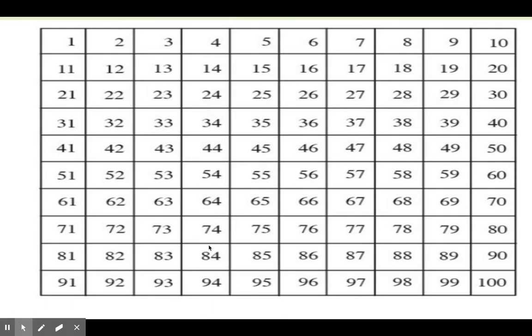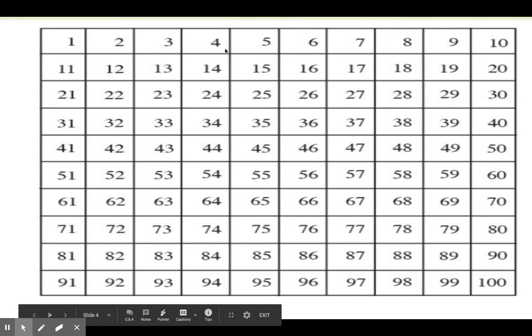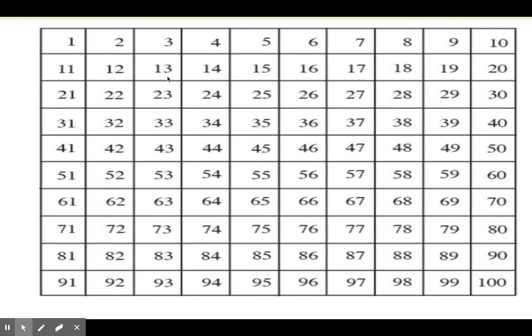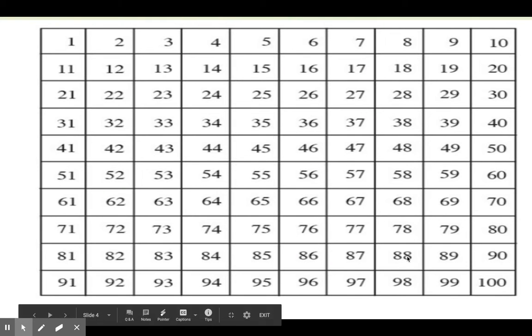There's no straight column to look down to find all our answers, because it would be 4, then 8, then 12, 16, 20, 24, 28, 32, 36, 40, 44, 48, 52, 56, 60, 64, 68, 72, 76, 80, and 84, 88, 92, 96, and lastly 100. So you notice it jumped all over the place.